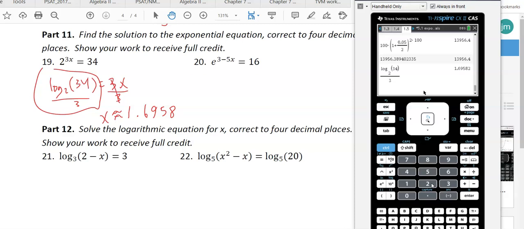Put in log form, natural log 16 equals 3 minus 5x. Subtract 3. Natural log of 16 minus 3 equals negative 5x. Divide by negative 5. Type that in your calculator.